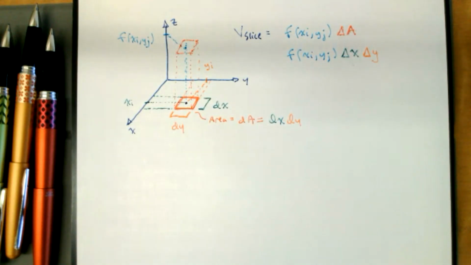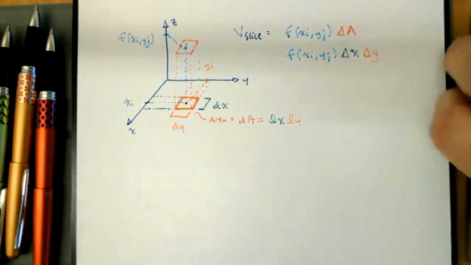Now that's going to be the volume of one of these rectangular solids. And I'm going to break this up into, let's say, m x's and n different values of y. So I'm going to have to do a double sum to get the total volume.